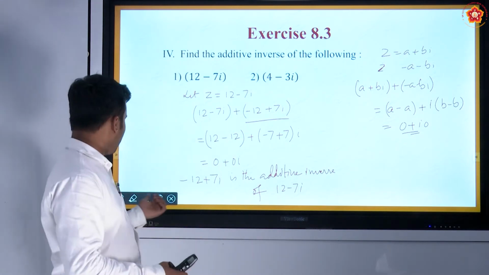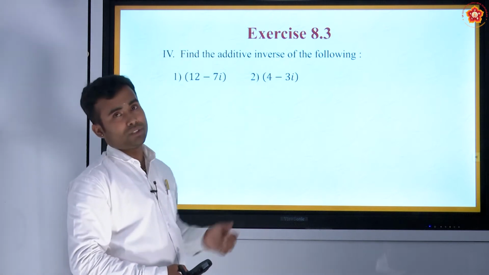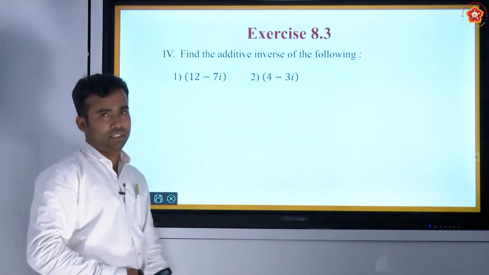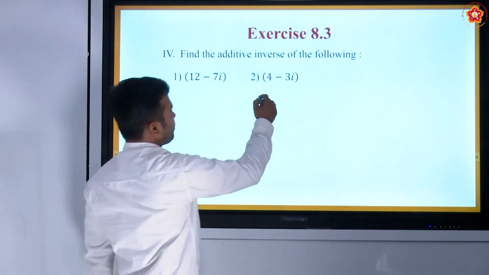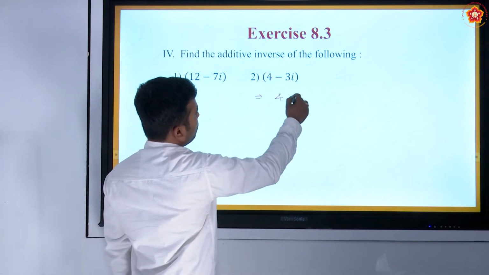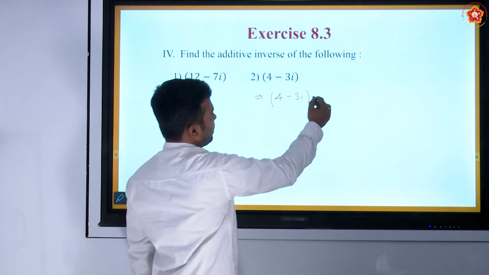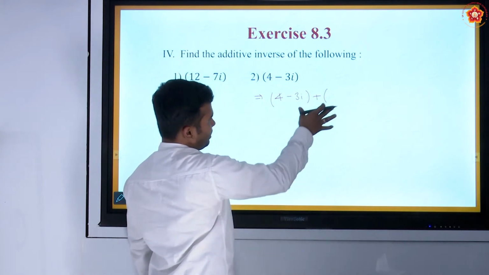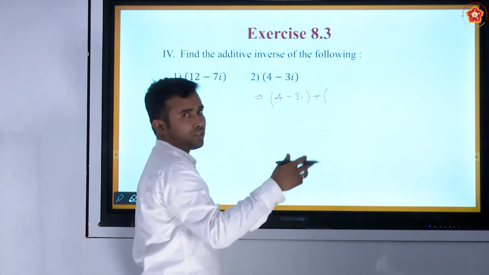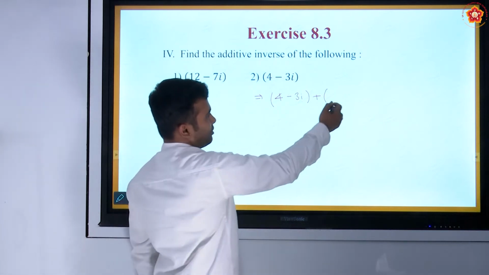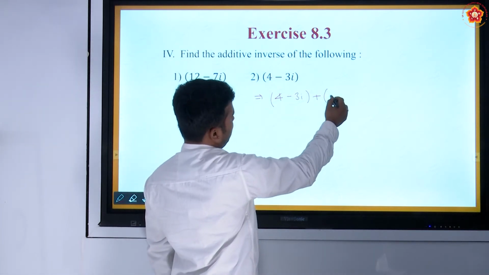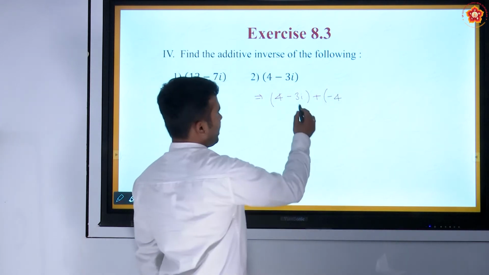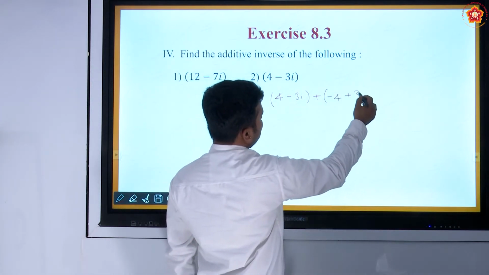Similarly, you can find the additive inverse of 4 minus 3i. You can tell minus 4 plus 3i will be the additive inverse of it. How can we find this? If you add a complex number to 4 minus 3i, and that gives 0 plus 0i, then only it will be the additive inverse of the complex number. So here plus 4 is there, so I can add minus 4 to it, and here minus 3i is there, I can add plus 3i.